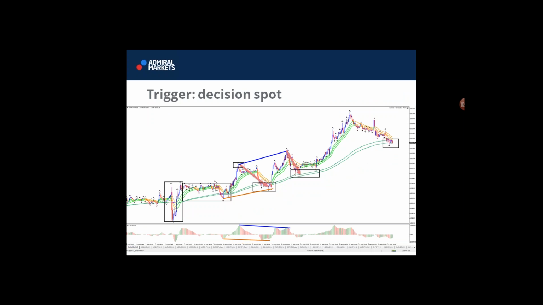Then we can use it as a decision spot to really trade, because each support or resistance level is going to be kind of a decision spot. Will price bounce or break? And it gives us information about that. If it's not a decision spot, I call it the middle of nowhere.